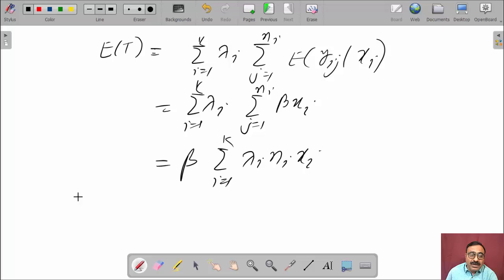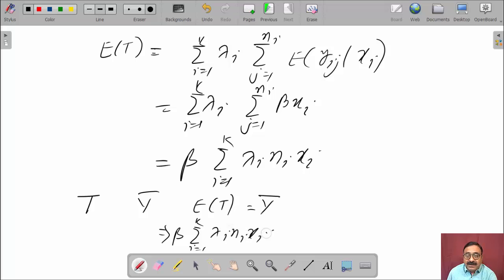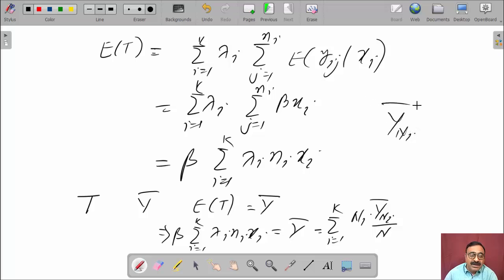So in order for t to be an unbiased estimator of y bar, we should have expectation of t equal to y bar. So that implies beta summation i equal to 1 to k lambda i ni xi will be equal to y bar, which means summation i equal to 1 to k ni Y ni bar by n, where Y ni bar is the population mean of the ith class.